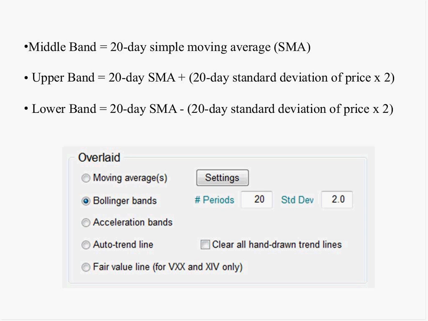It's important that you understand this: the middle line is always the moving average. The band is either a 1 standard deviation band, or if you say 2, you're taking 1 standard deviation times 2.